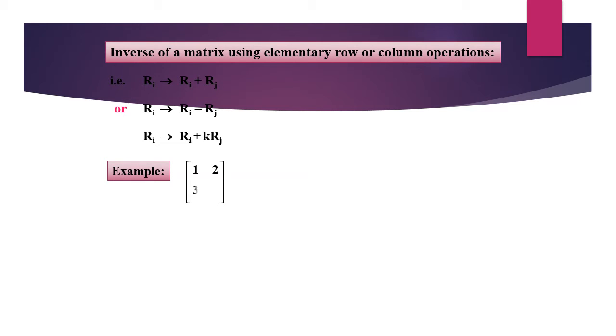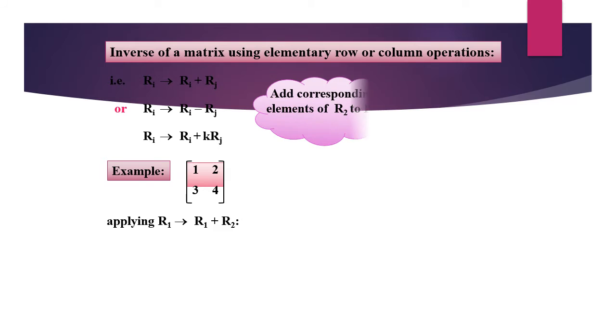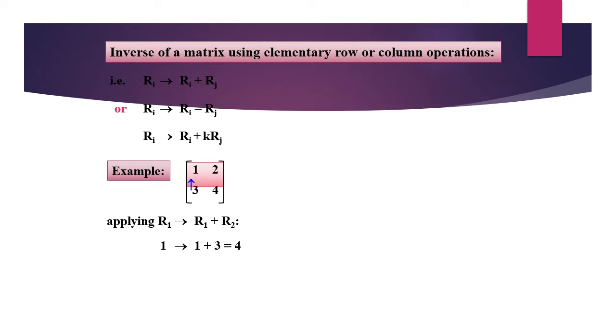Example, consider the matrix 1 2 3 4. So applying the property R1 implies R1 plus R2, we are adding the corresponding elements of R1 with R2. That is, we get 1 plus 3, which is equal to 4, and second element with second element, that is 2 plus 4, which will be equal to 6.